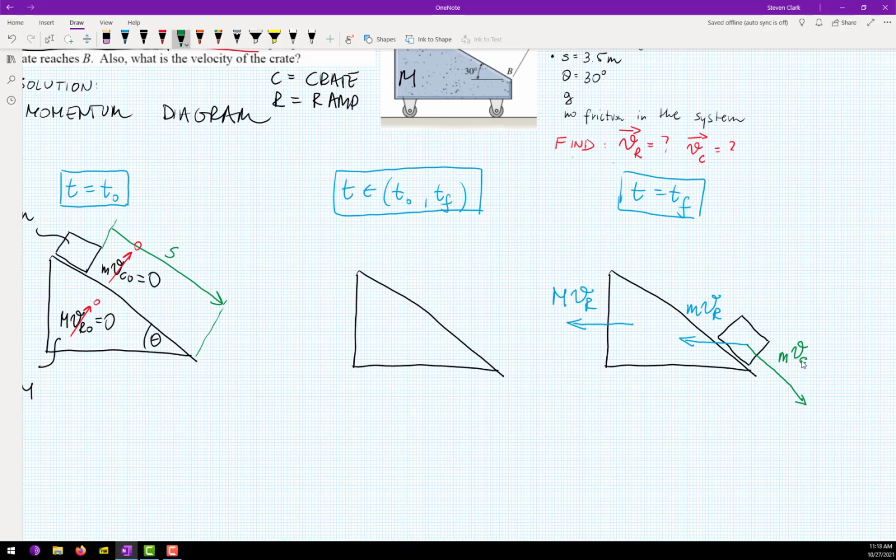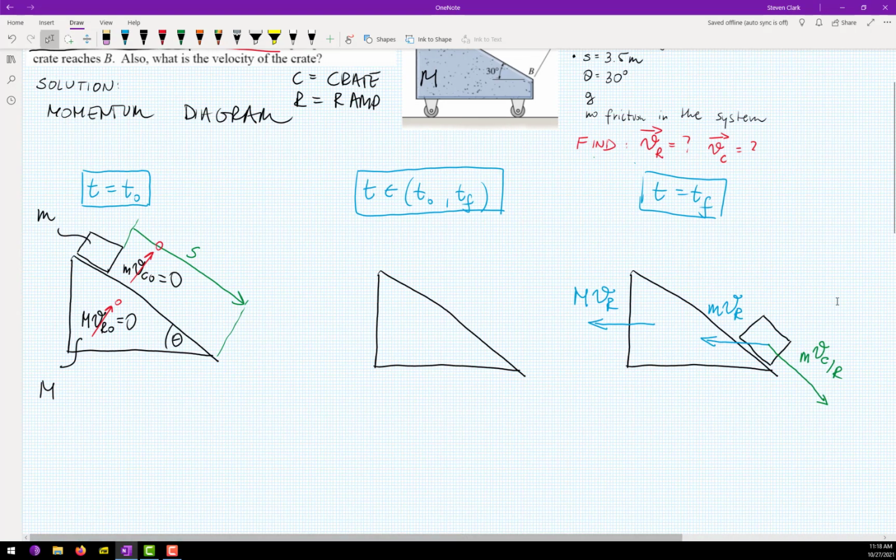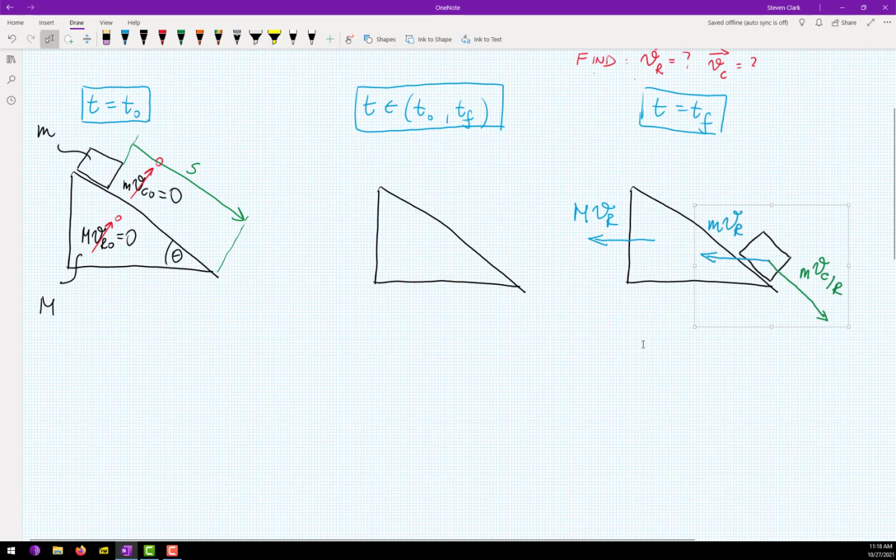I hope that you can see it. So the actual velocity of that crate will be pointing in this direction. And I bet that you know how to add vectors. Yeah, I apologize that we spent time on that. Wait a second, maybe I will just move this one first.